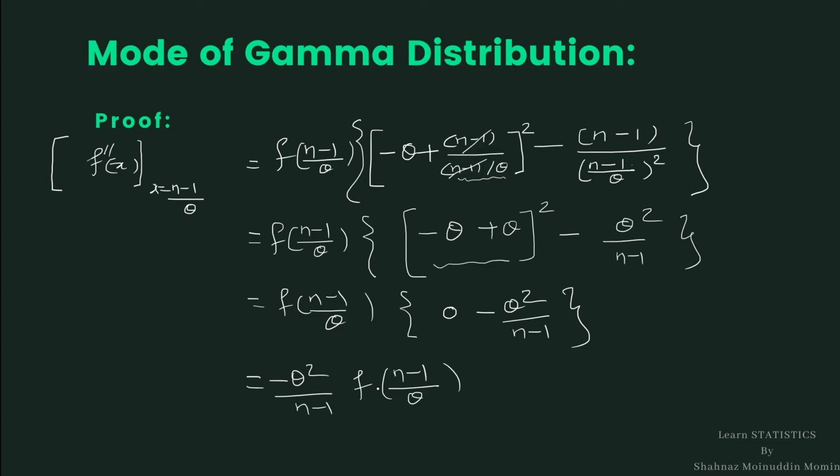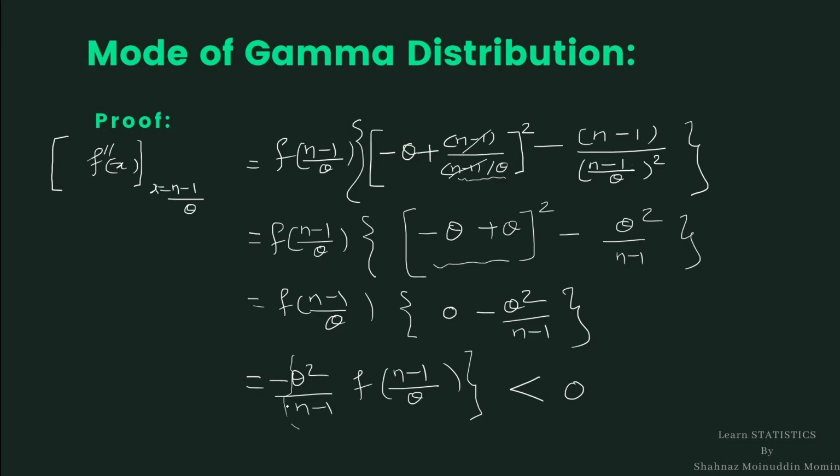We know that n and theta are positive, therefore theta square divided by n minus 1 is positive. Since f is a PDF, f of n minus 1 upon theta is also positive. Hence, the overall effect of this bracket with minus sign is less than 0.